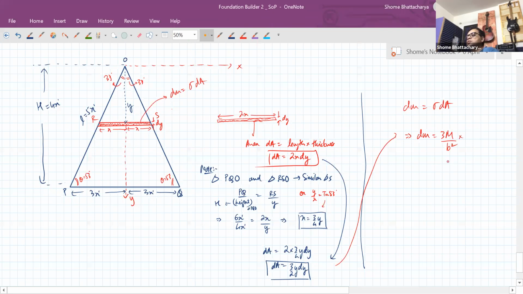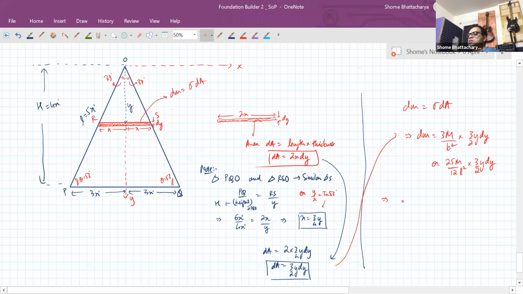Or we could also express it as 25m by 12 L square into 3 by 2 y dy. So that is becoming my dm.